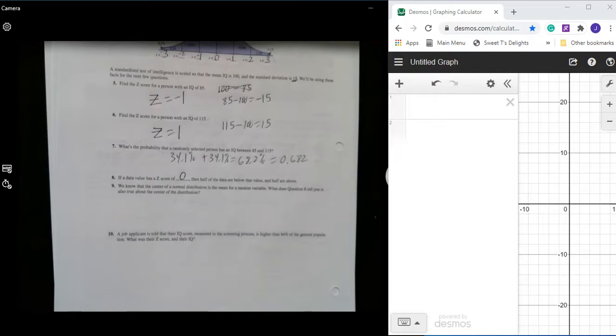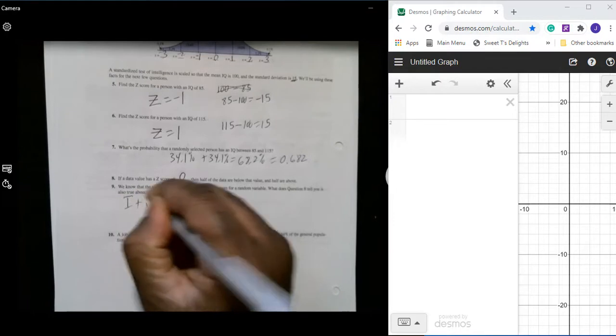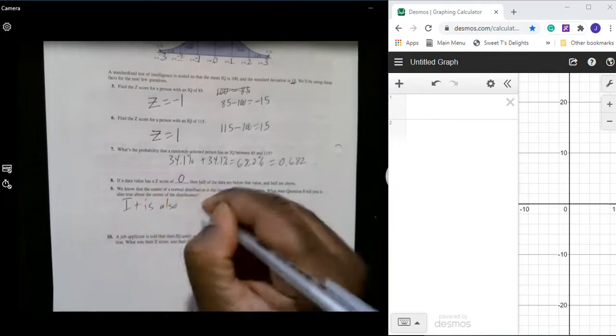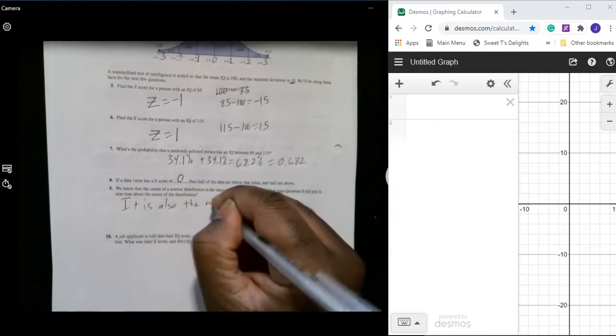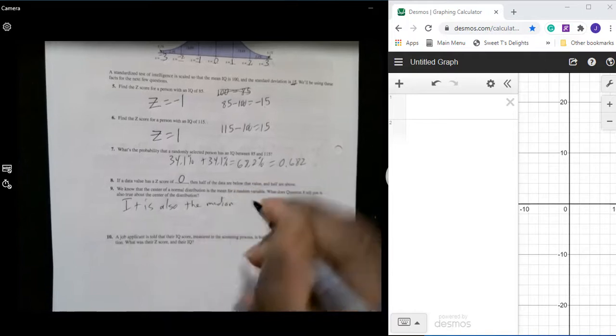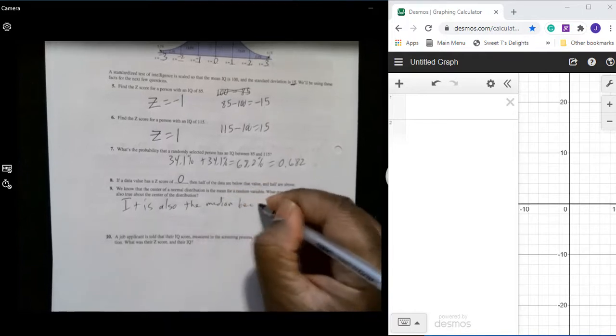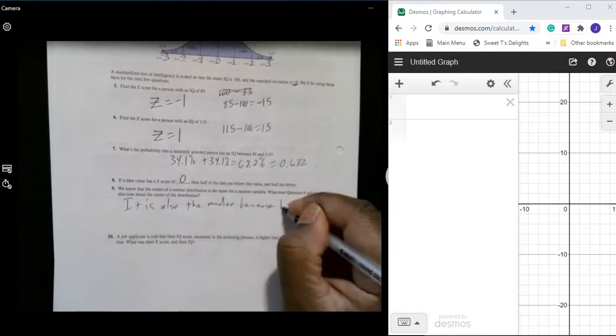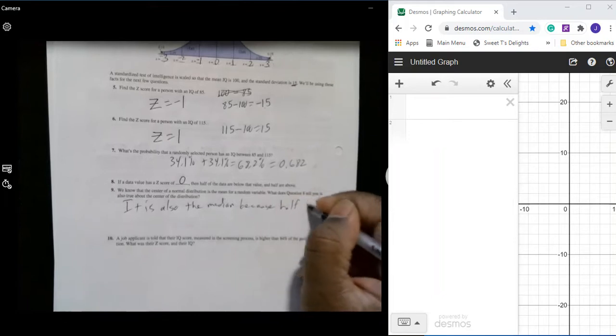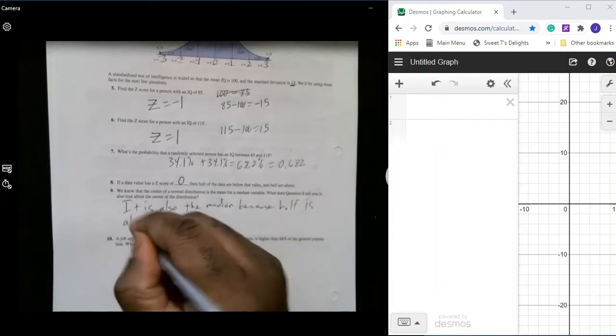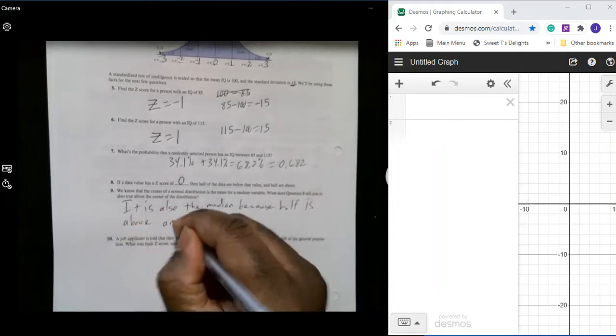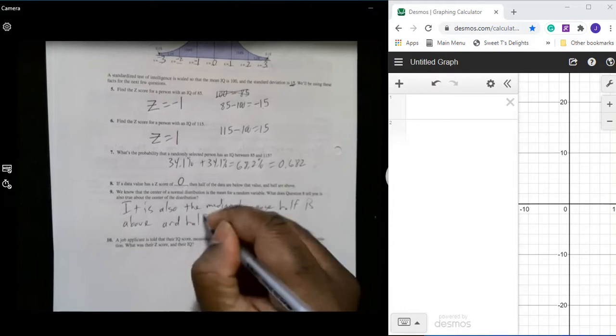What does question 8 tell you is also true about the center of the distribution? It is also the median, because half is above and half is lower.